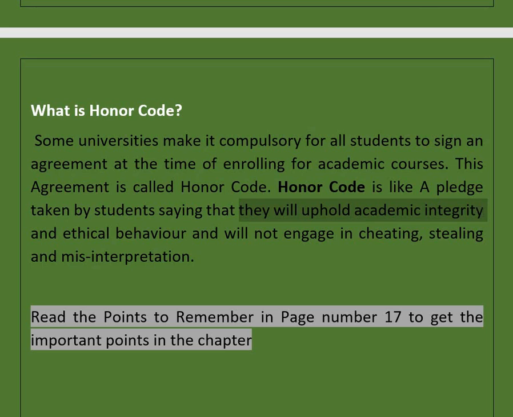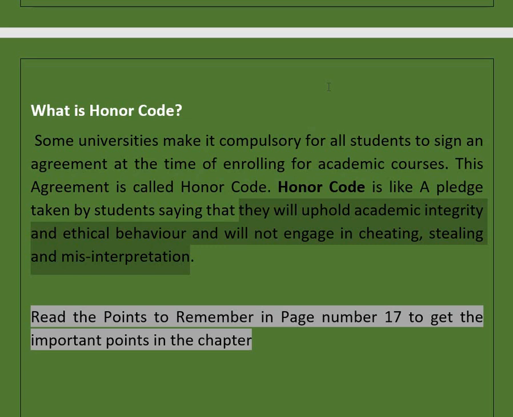Academic sincerity will be upheld, and ethical behavior will be maintained, and they will not engage in cheating, stealing, and misinterpretation. So such an agreement should be made with the university before enrolling for research. This document or agreement is called an honor code.